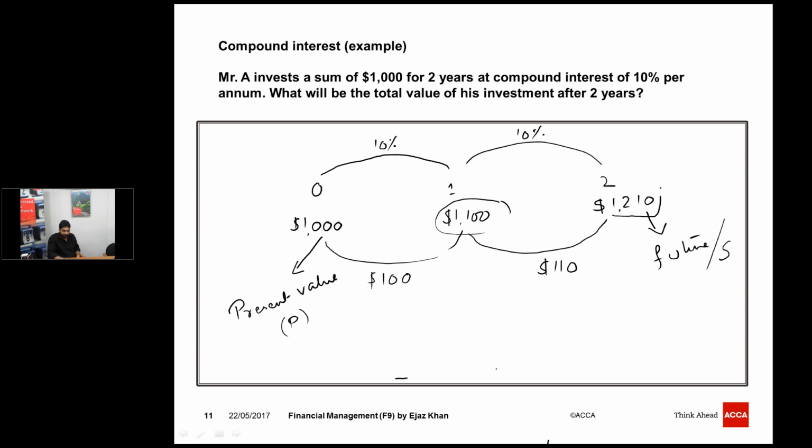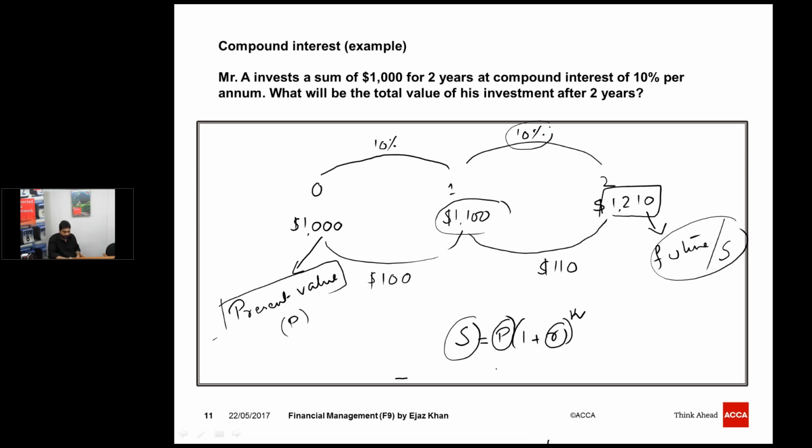The same $1,210 can also be calculated using the formula S = P × (1 + R)^N, where S is the sum, P is the present value, $1,000 in this case, R is the rate of interest per annum, and N is the number of years or periods for which the amount has been invested.